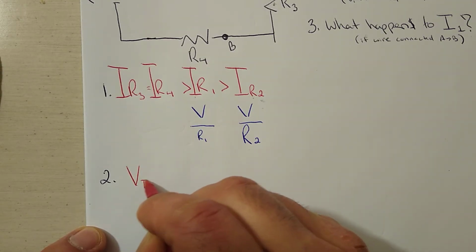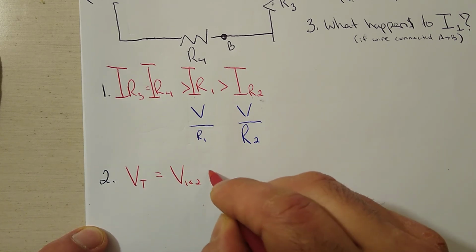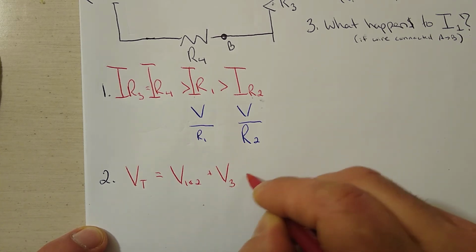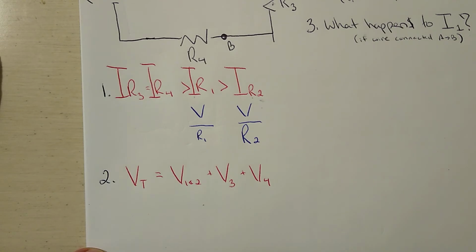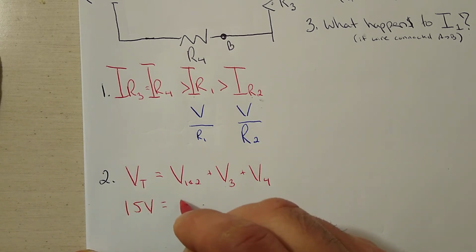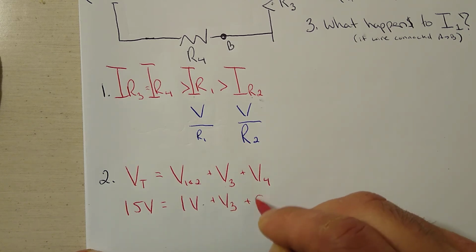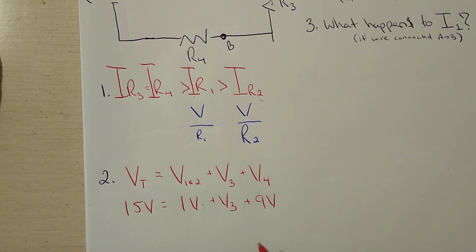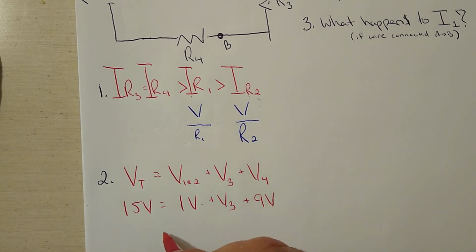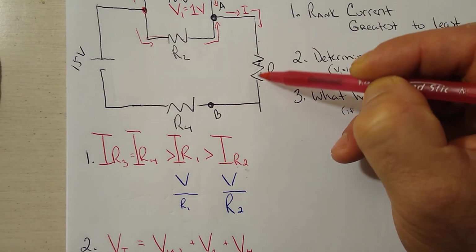And so the voltage total is going to equal the voltage across 1 and 2 plus the voltage across 3 plus the voltage across 4. And we have all the values now except for 3. And we'll just do a little bit of math. So 15 volts equals the 1 volt across both of those resistors plus V3 plus 9 volts given to us in the problem. And we have ourselves 5 volts equals V3. So there's 5 volts going across this resistor.